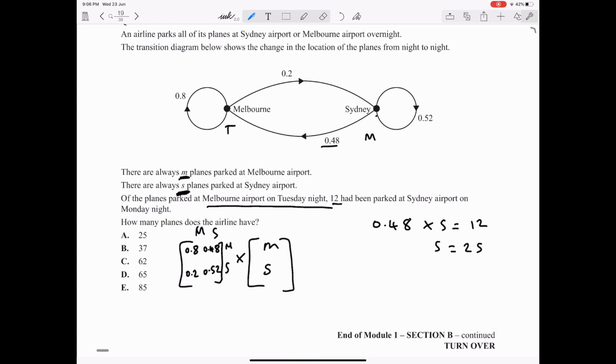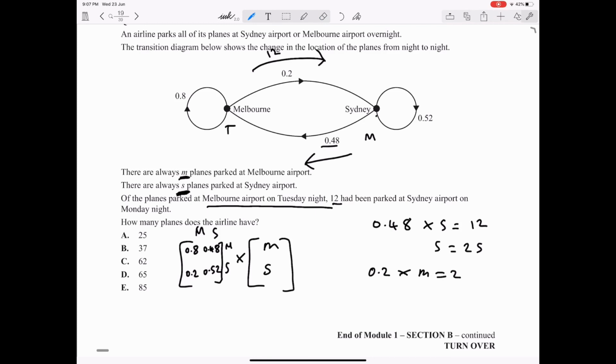So if there are 12 planes moving from Sydney to Melbourne each night, then we would know, since the steady state matrix has been reached, that the number of planes moving from Melbourne to Sydney would be 12 as well. So if we do 0.2 times the number of planes at Melbourne Airport, that would also give us 12.